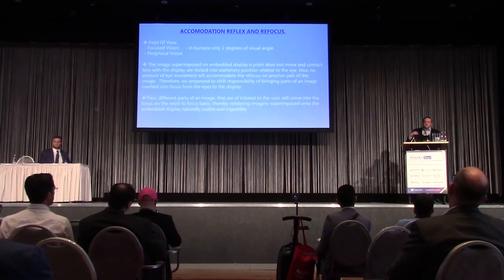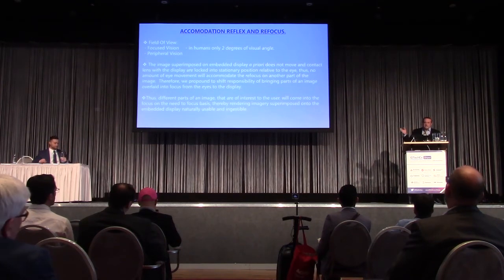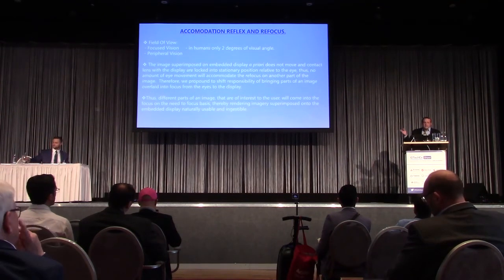So normally we would be looking past that display at objects external to us. To look up something on the embedded display, part of the image that is overlaid, we'll need to change focus, and then we'll need to accommodate, meaning we'll need to shift the vector of the gaze; our eyes will move.